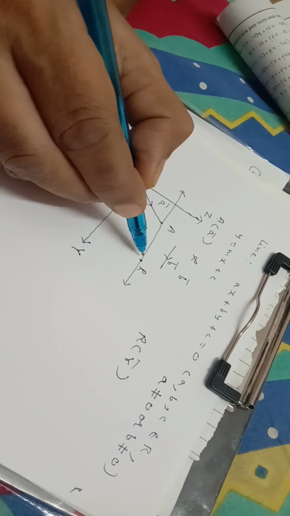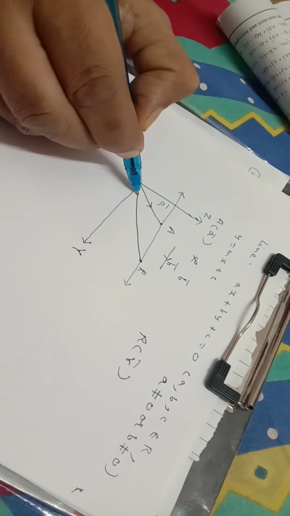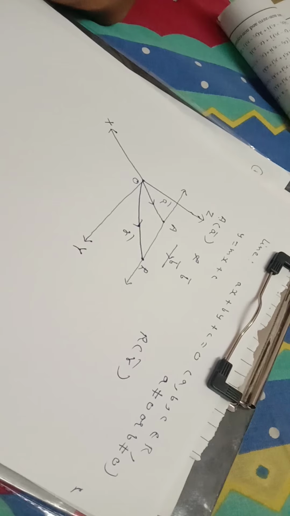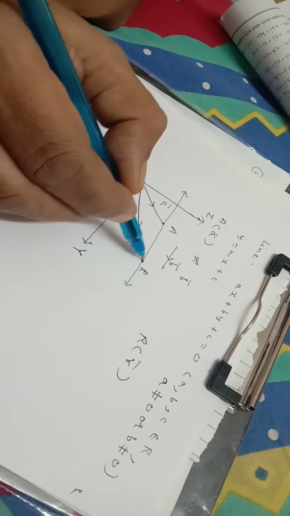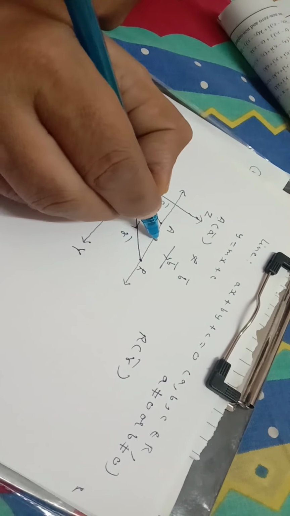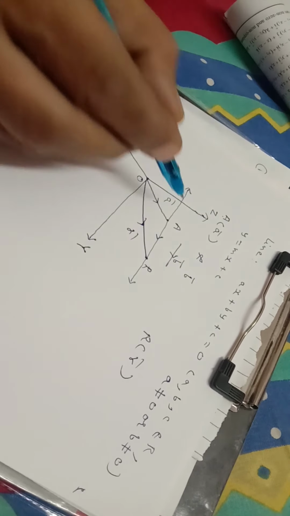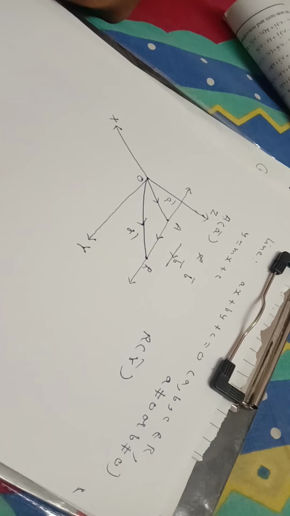It is a vector directed from origin towards point R. A and R are the points on the same line. AR bar is the vector directed from point A towards point R. This is a vector in space.